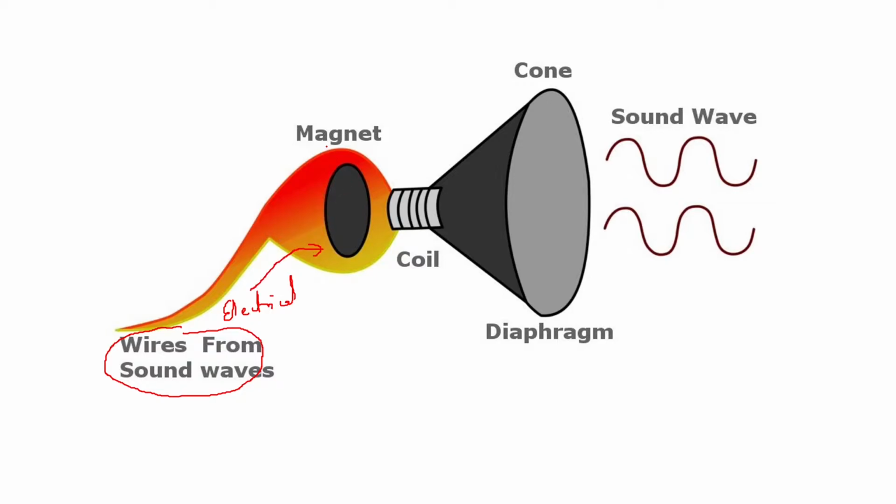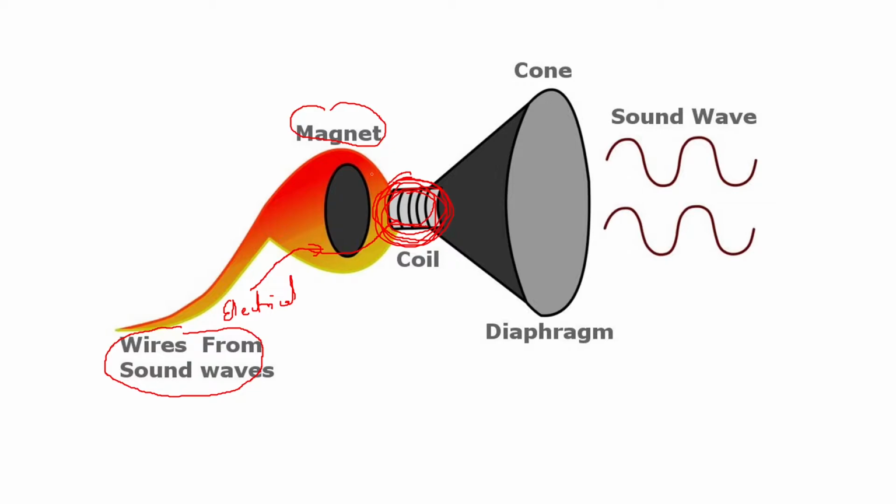Inside you have a permanent magnet and a coil. Now this electrical energy is given to the coil, where the current passing through the coil will produce an electromagnetic field around the coil.